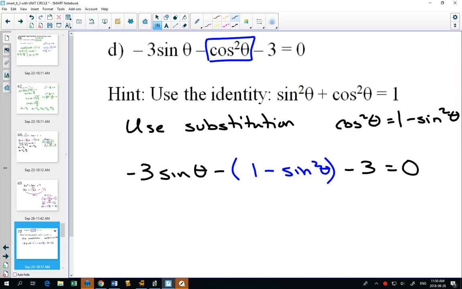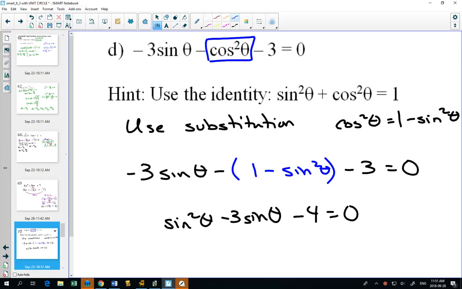Combining my like terms, distributing that negative, I would now have positive sine squared minus 3 sine theta, and the minus 1 and the minus 3 go together, and I get a minus 4.